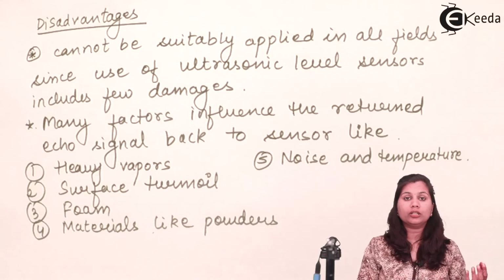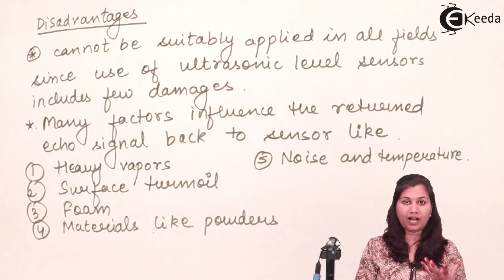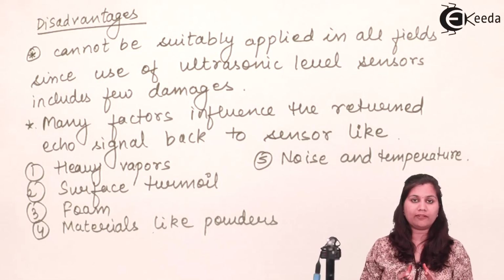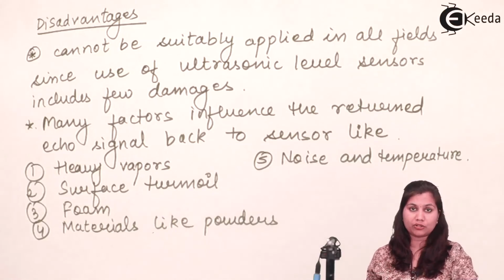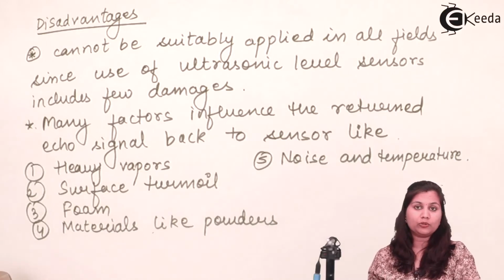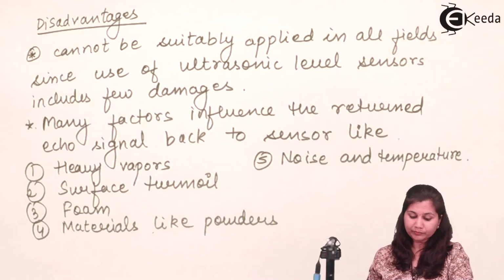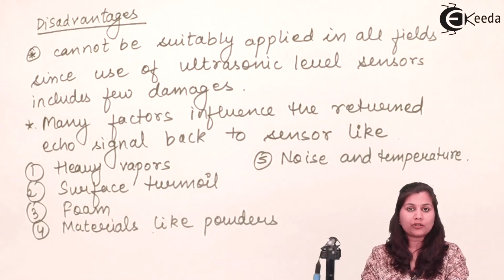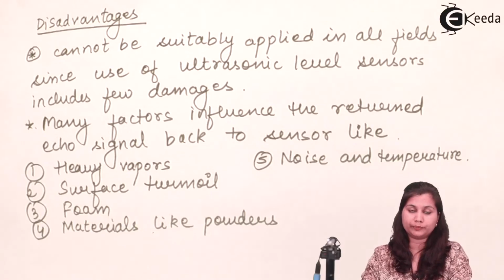Also, the ultrasonic waves are very harmful. There are some restrictions on the use of these ultrasonic level sensors also, like they cannot be used in high pressure and vacuum conditions. And there are some other drawbacks of these sensors also.